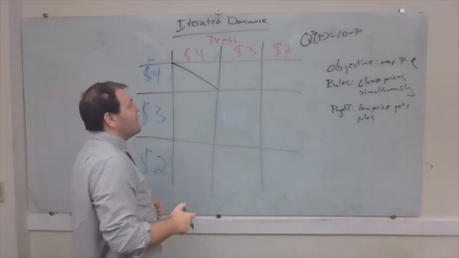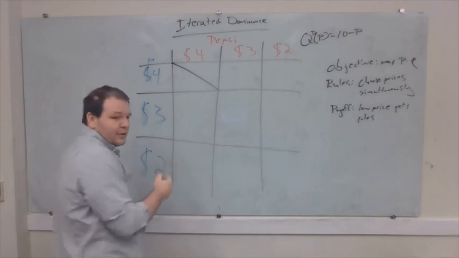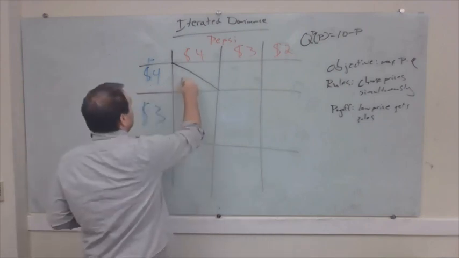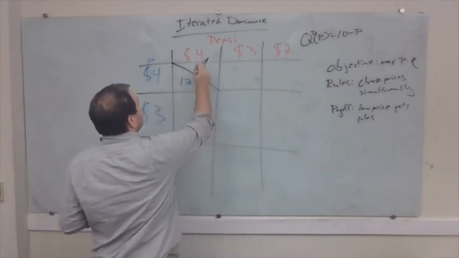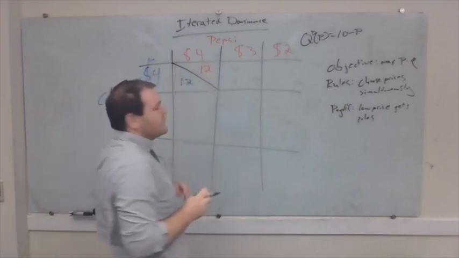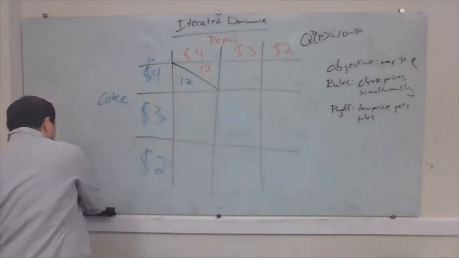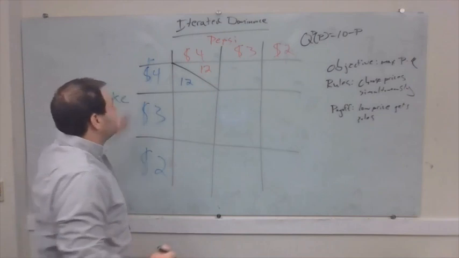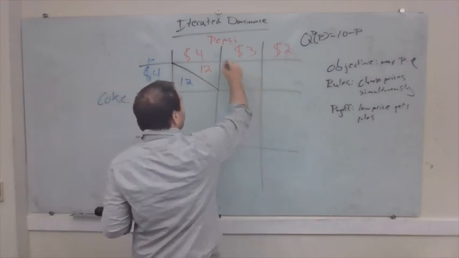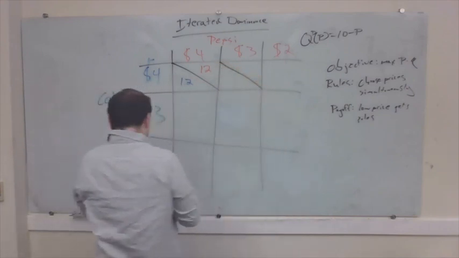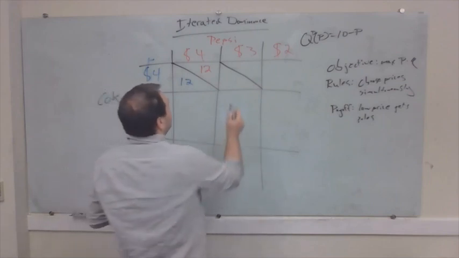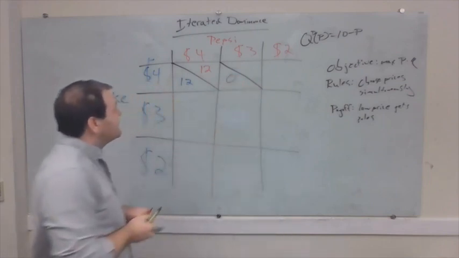So each of them is going to get $12 in revenue: 12 for Coke, 12 for Pepsi. I'm just now realizing I used the wrong colors. Hopefully that's not giving you an aneurysm. However, if Coke was charging $4 and Pepsi charged $3, Coke's not going to get anything, because they're going to be the high price.